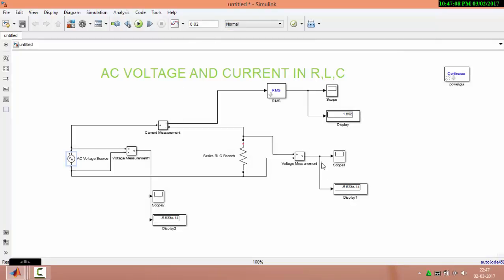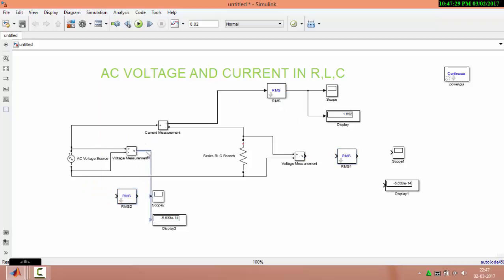Oh, sorry, I have forgotten to add RMS to the voltage and current measurement. Now let us add. If you don't add the RMS value, it will not give you the true value. And hence don't forget to add your RMS block.